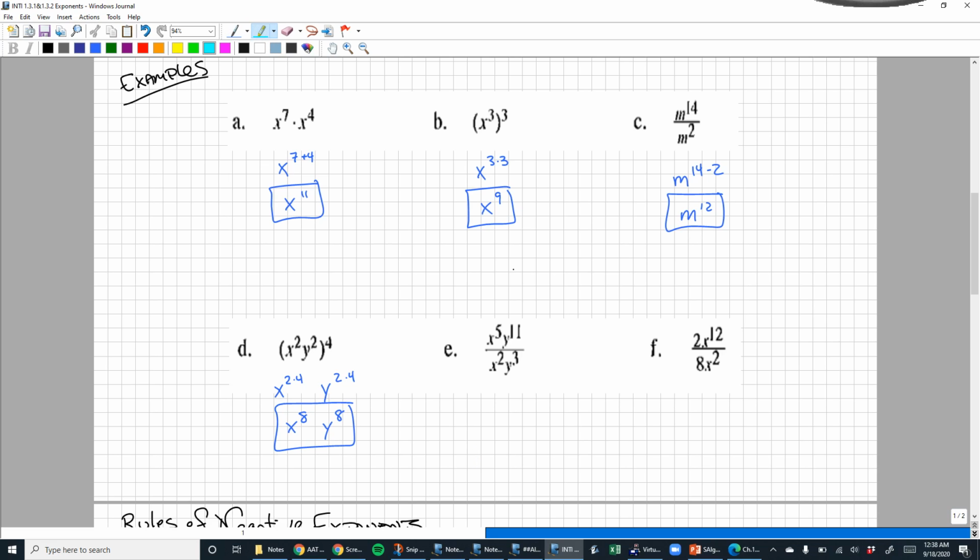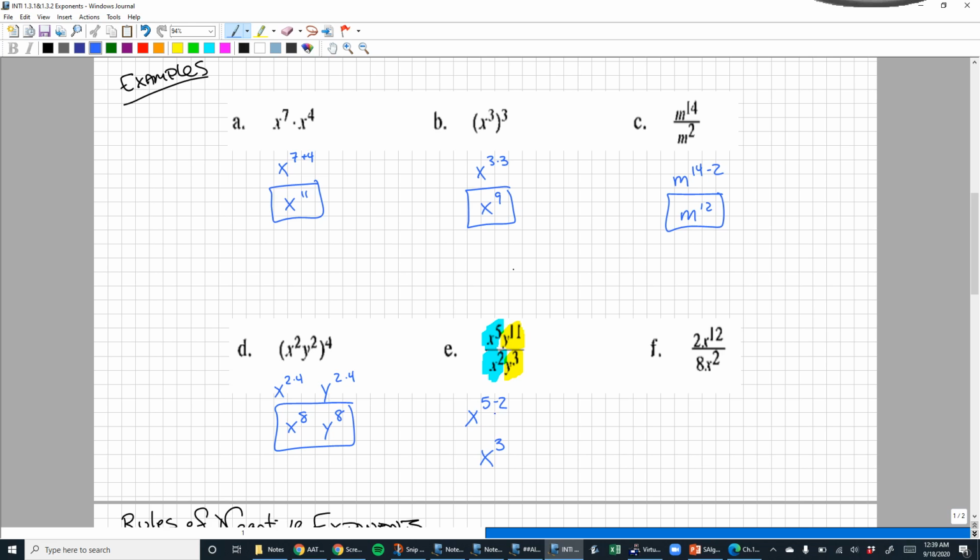Now, here's where I like to separate things out. So if we have x to the power of 5, and I have x to the power of 2, I'm going to think of those as being the same kind of thing. Same with my y's. I need to group them together and talk about them individually. So here we have x to the power of 5 over x to the power of 2. So that's going to be x to the power of 5 minus 2, which is x to the power of 3.